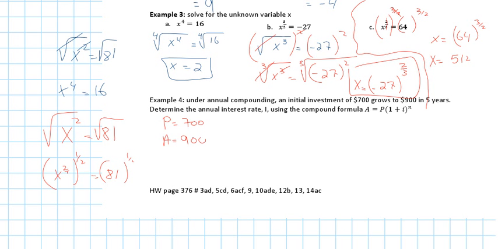And then N is 5, and you're looking for I. Let's set it. So A is 900 equals P is 700 times 1 plus I to the power of 5.